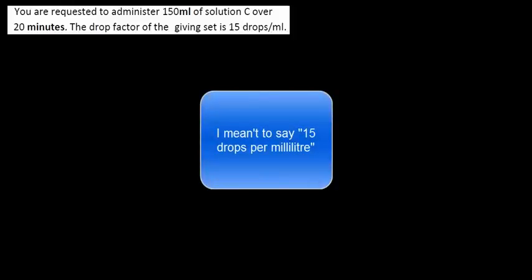Okay, final question. You are requested to administer 150 milliliters of solution over 20 minutes. The drop factor of the giving set is 15 drops per milliliter. My volume units are in milliliters, so I'm quite happy with that. Start out with the formula, volume over time. Use that formula to unpack the question, so my volume is 150 mils.